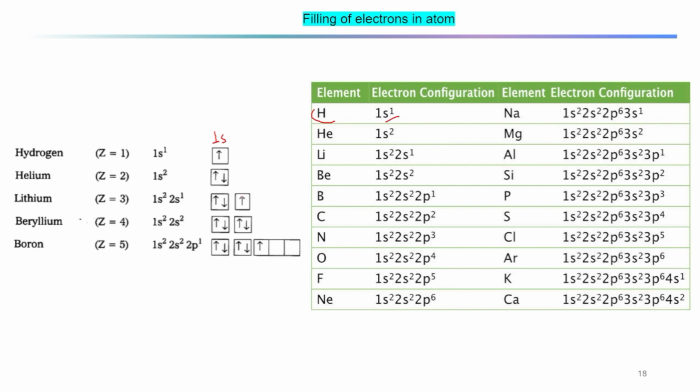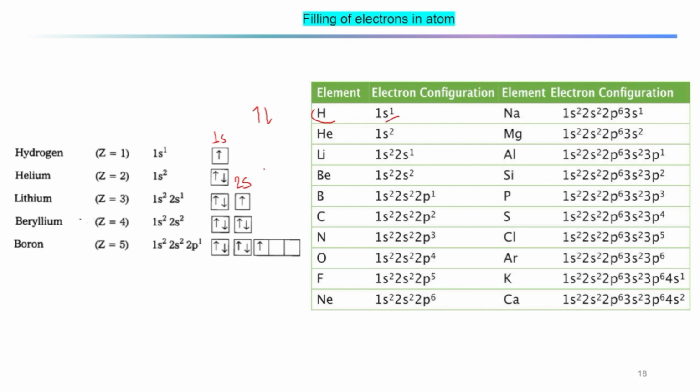When we have another electron, that will go in the 2s. Now when we add another electron, that also goes in the 2s. These arrows actually denote spin. So for electrons you have to write like this. This is called up spin and this is called down spin.